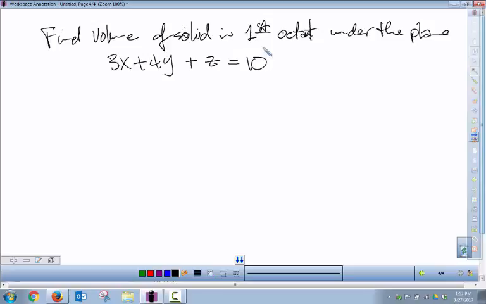Think about the first quadrant. What's so special about the first quadrant? They're all positive, right? The X and Y's are all positive. So of the 8 spaces that you have in space, the first octant is where X and Y and Z are all positive. So that's the first octant.